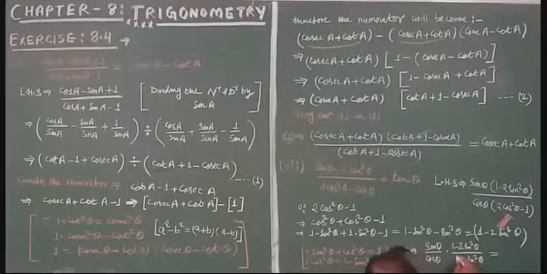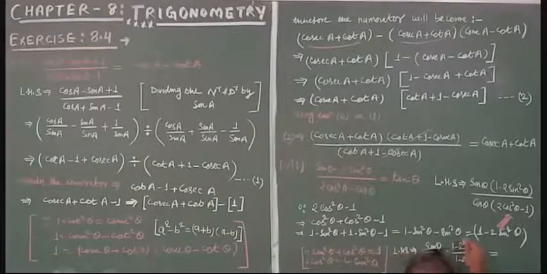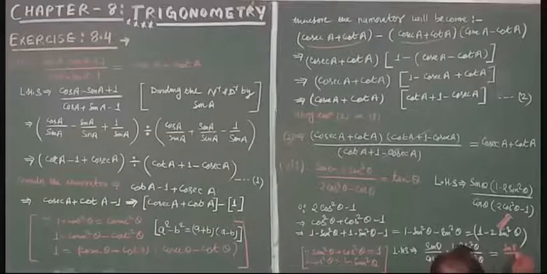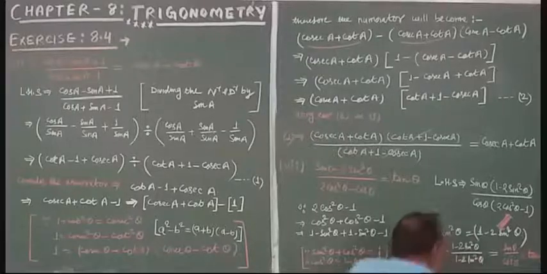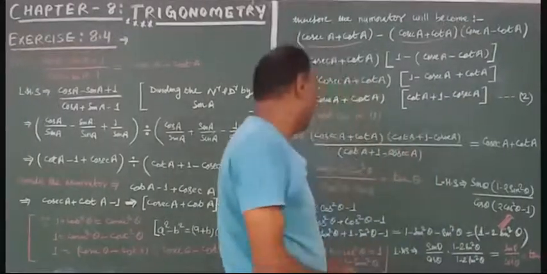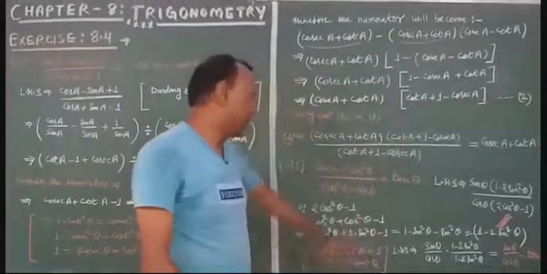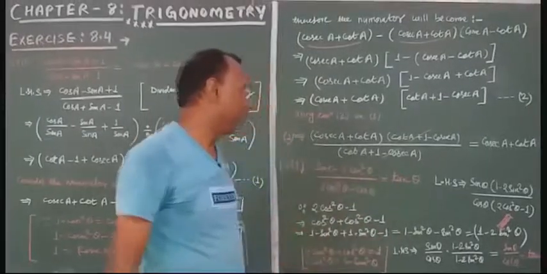Is it there? Now look at these two. These are the same. So what is left here? Sin theta upon cos theta, and that is tan theta. That is tan theta, and this we have to prove.